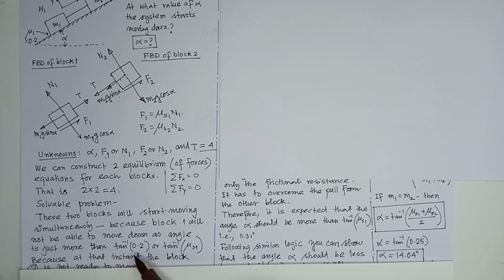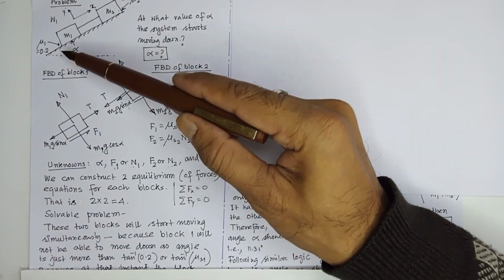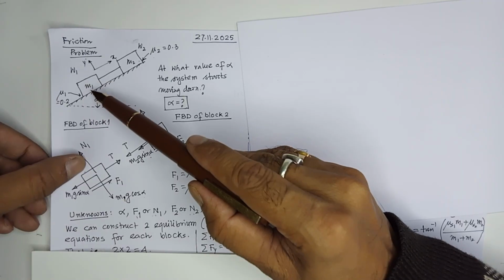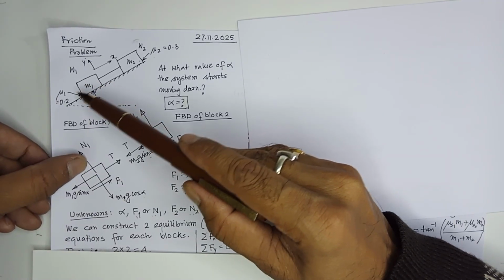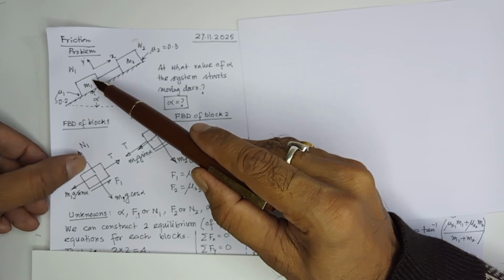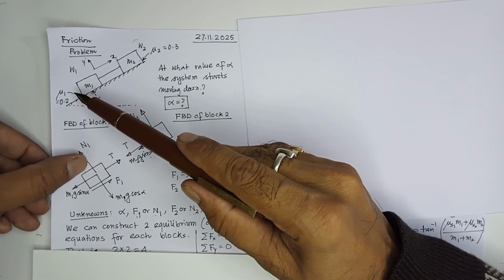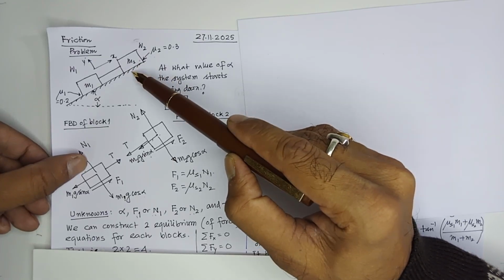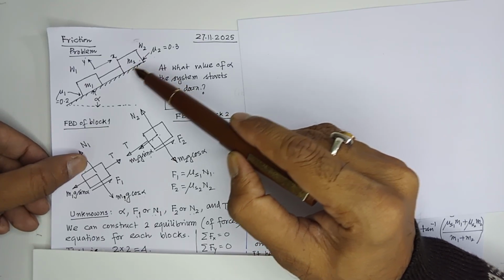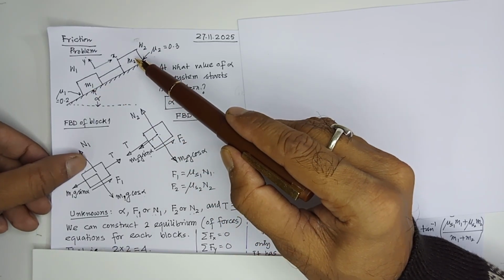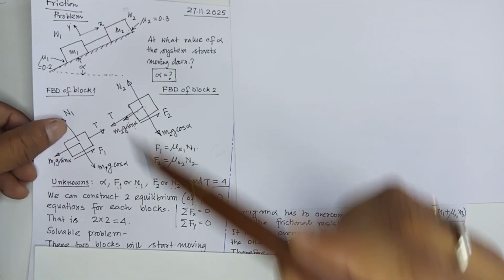That means according to angle of repose, if block M1 was there only, then as the angle reaches the angle of repose, that is tan inverse 0.2, the block M1 will start sliding. But since M2 is connected and here the coefficient is more, it will not slide. Therefore M1 cannot slide without M2 sliding.